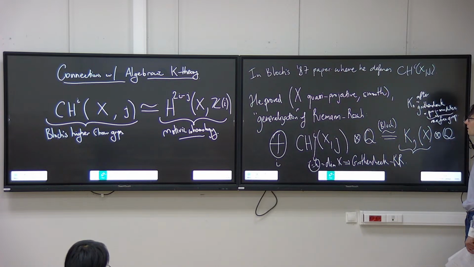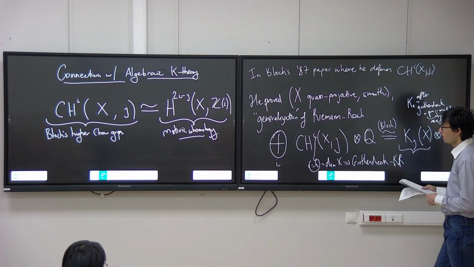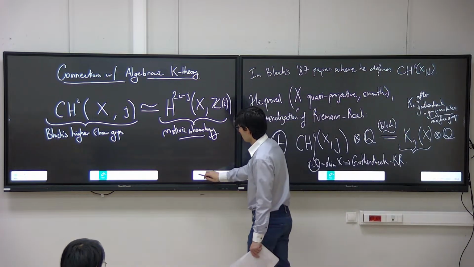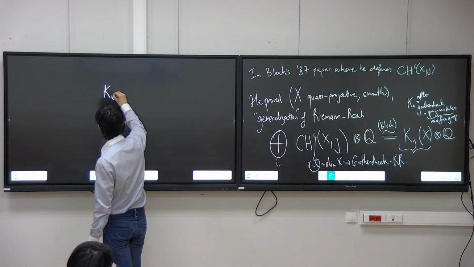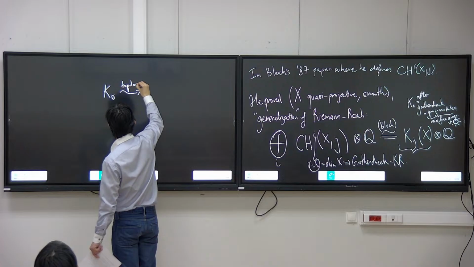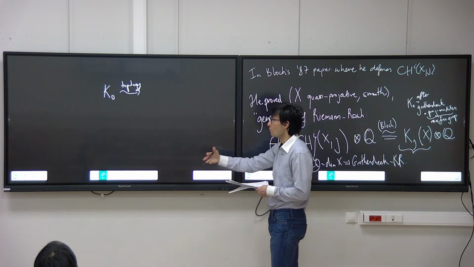And then, so this is on the algebraic side, and then people from topology took his definition of K naught, and in topology this was seen as the starting point of some homology theory.